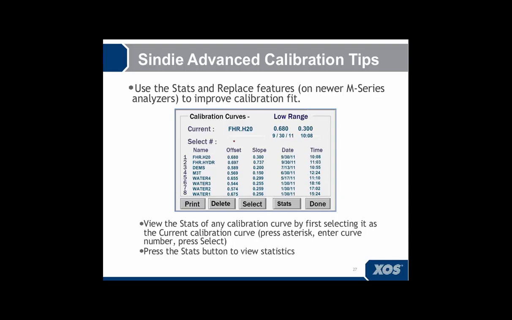But for those of you with the orange M-Series analyzers, you'll go into your calibration curve screen, and you'll see at the bottom of the screen there is a stats button. So to view the stats of any calibration curve, first select the curve so that it's a current curve, and then press the stats button to view the statistics.